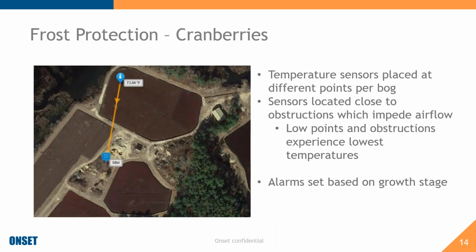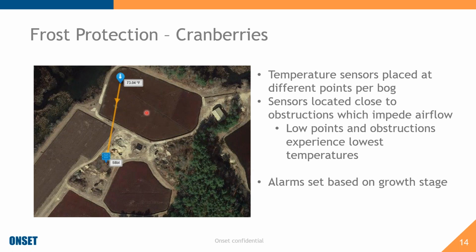So looking at the most simple systems here, we have one customer with a small operation. Though small, this is a farmer that would like to be able to rest at night, not worrying about whether or not he should run a pump at $224 for the night, or stay up all night waiting to determine whether or not that is needed. So for this operation, a single station was used with a single temperature point.